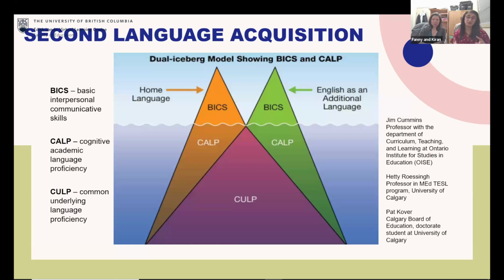This model shows us that it's really important for us to bring in home language as a tool to help us build skills in English, because students are naturally intermixing the languages in their brains. So the more that we can support them with that orally or in the classroom, the more it is going to help accelerate their English language acquisition.